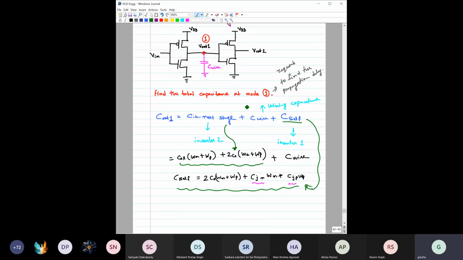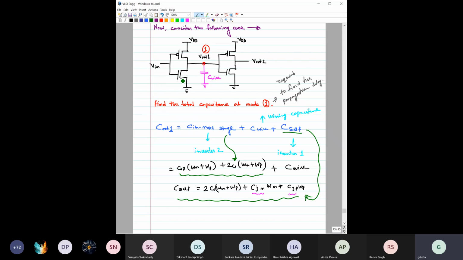If you know the widths of these inverters and their numerical values are given to you, then you should be able to find the total output capacitance at node 1, and that is required to find the propagation delay for this first inverter.